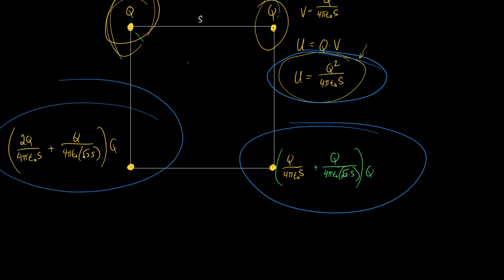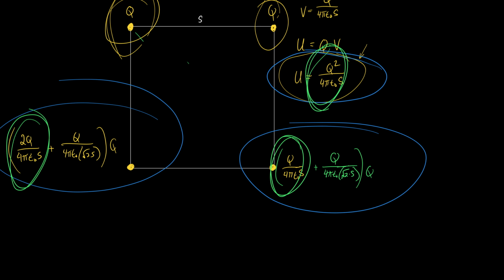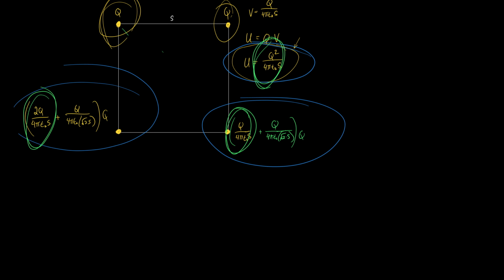Can you kind of see that they're going to get things that add together? If I look closely, I've got one of these, two of these, four of these. Right? 2 plus 1 plus 1. Are we okay with that? So when we start looking at the total amount of potential energy, there'll be 4 q squared over 4 pi epsilon naught s.